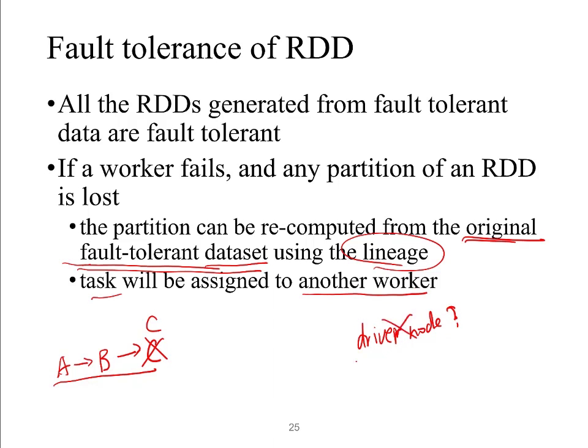If the driver node fails, then basically, because the driver node is running the Spark streaming application and the Spark context, all the executors will lose their in-memory data.